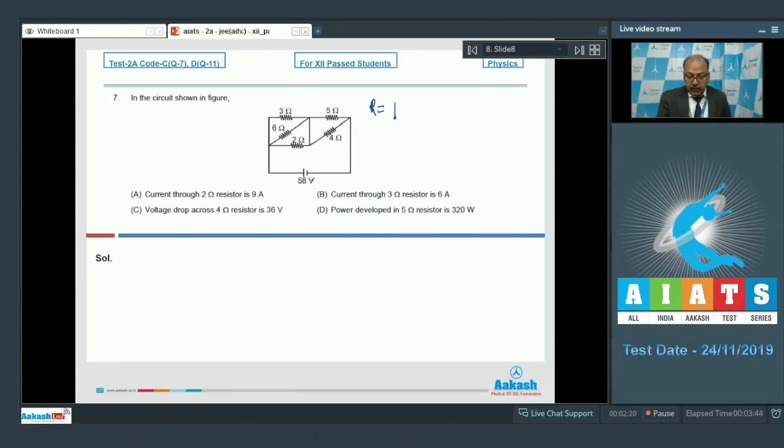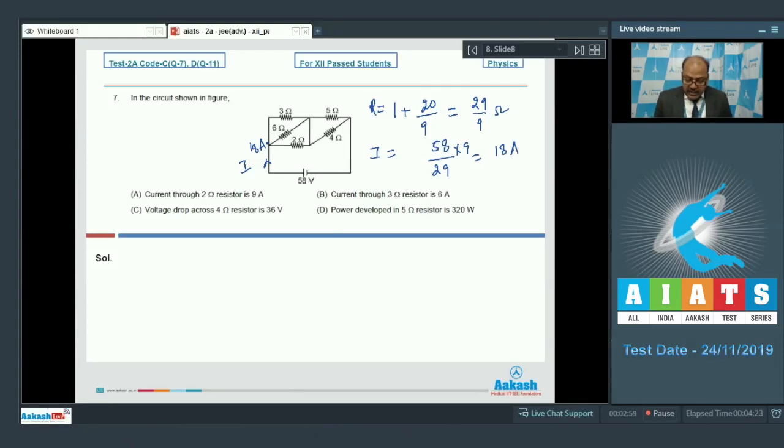I just described the calculation of 1, and this 5 and 4 in parallel are 5 into 4, that means 20 divided by 9, and so this effective resistance is 29 by 9 ohm, which means the total current I is going to be equal to EMF, which is 58, divided by resistance, or 29 by 9. So that means we have 18 ampere current flowing here, right?